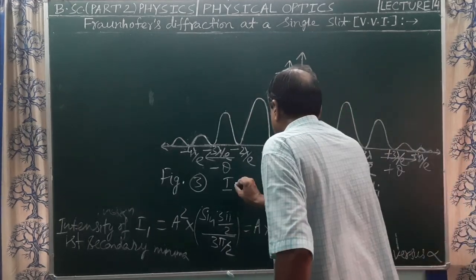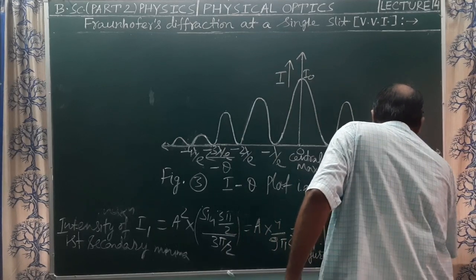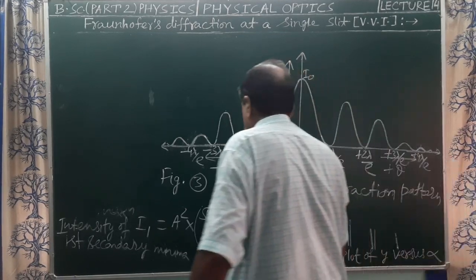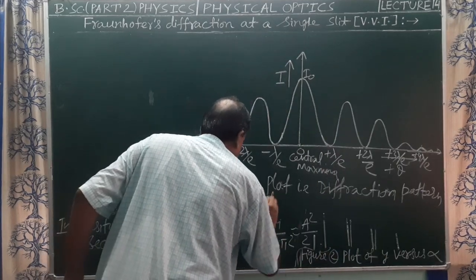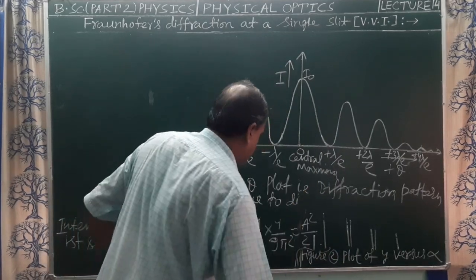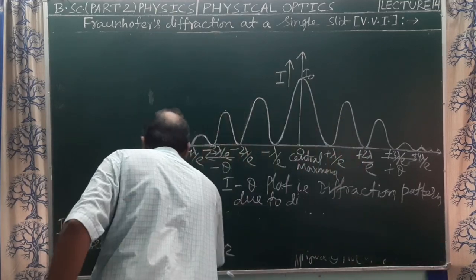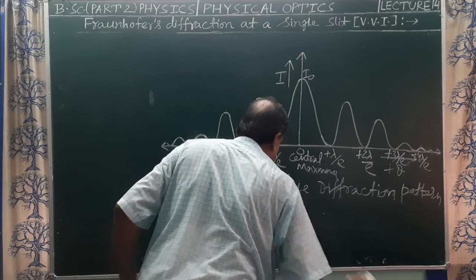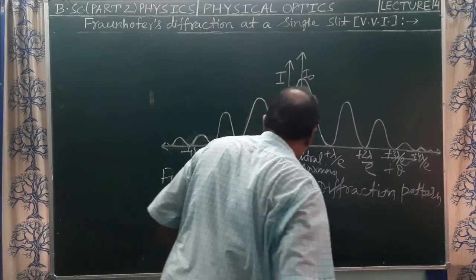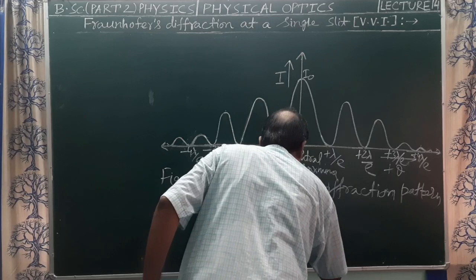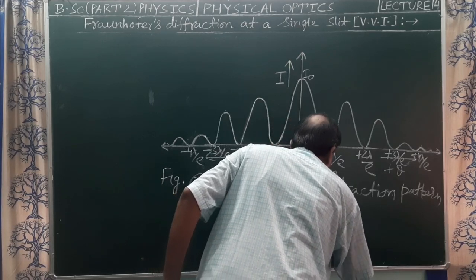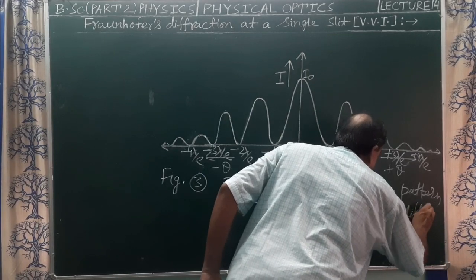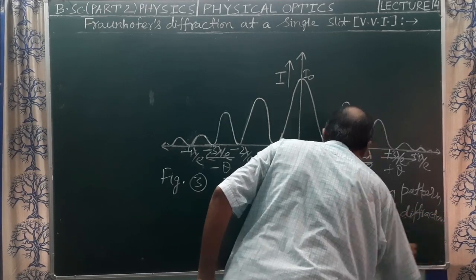So this is I theta plot, means diffraction pattern due to Fraunhofer diffraction of light at a single slit.